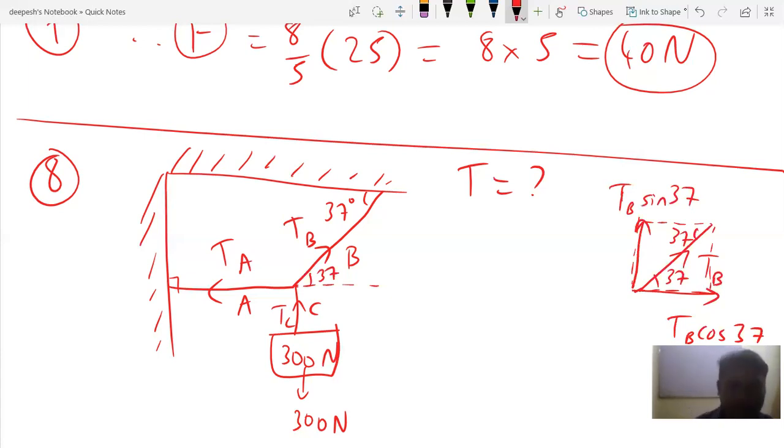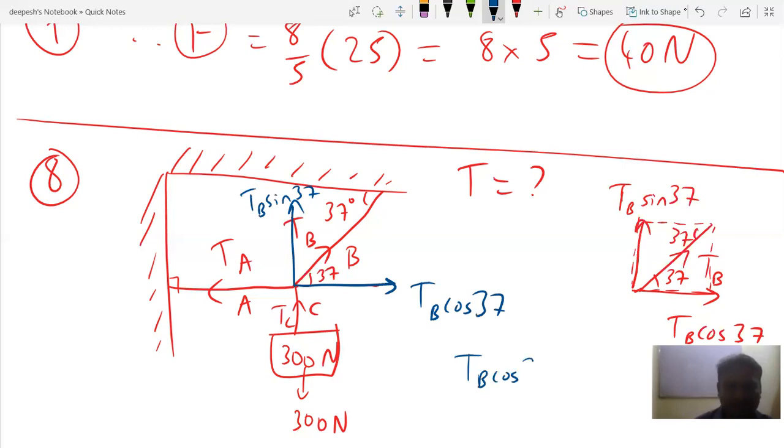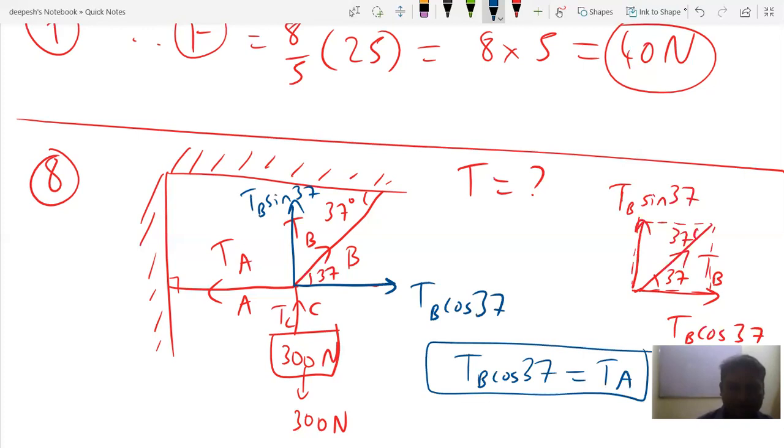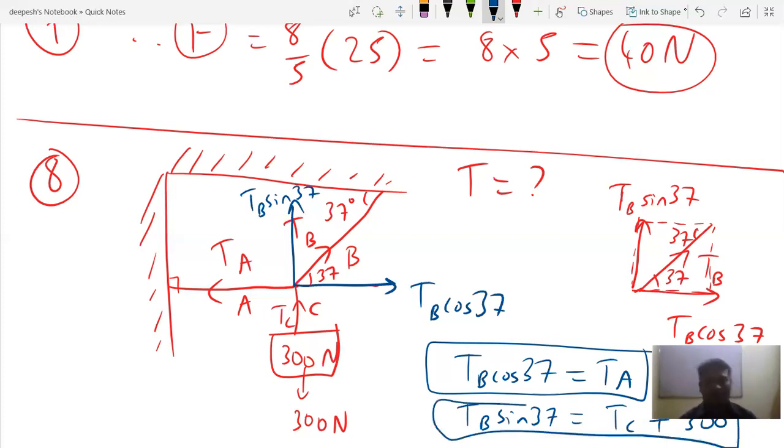So let me show the resolved forces. So this is TB cos 37 and the vertical one is TB sin 37. TB cos 37 is balanced by TA along horizontal direction, and TB sin 37 in upward direction equals TC plus 300. Let us see how we will apply this force balance.